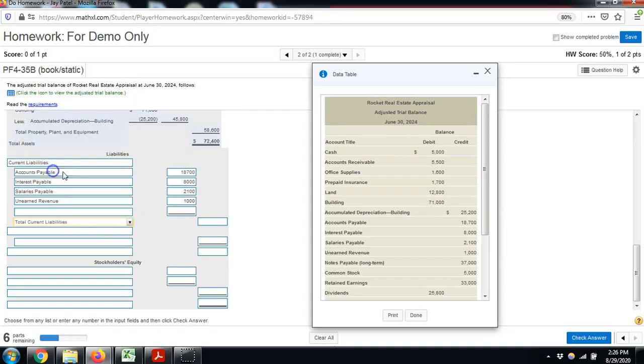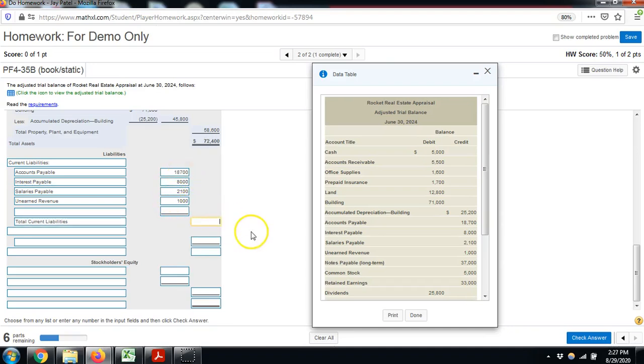Here we have our total current liabilities. We add all these up.